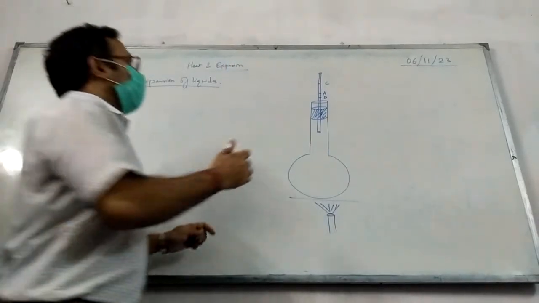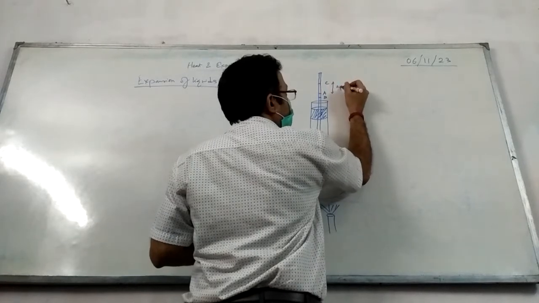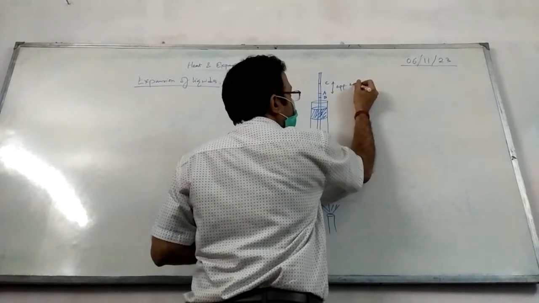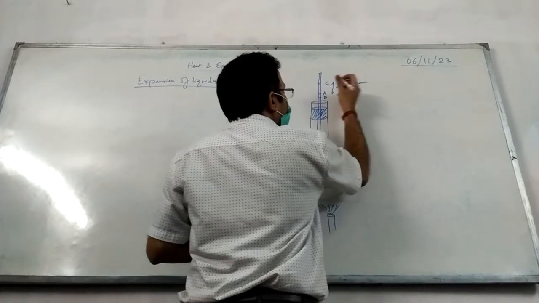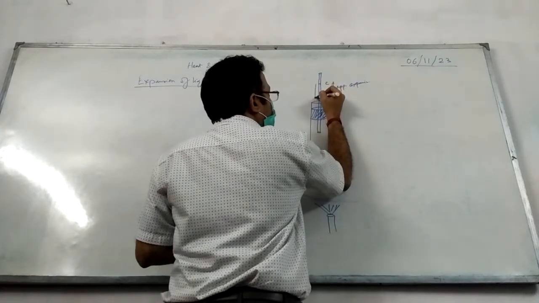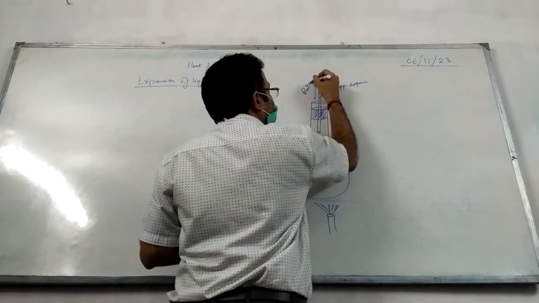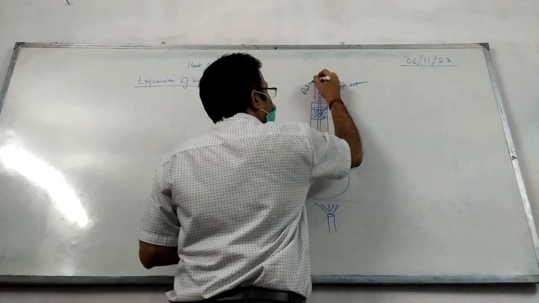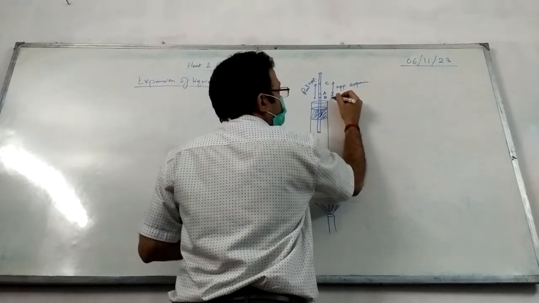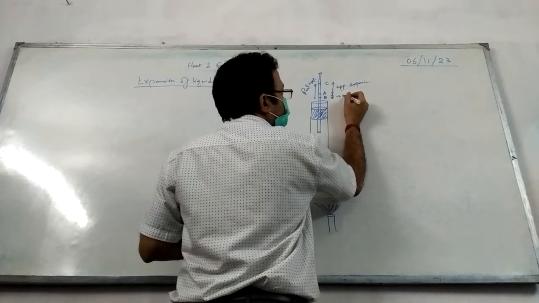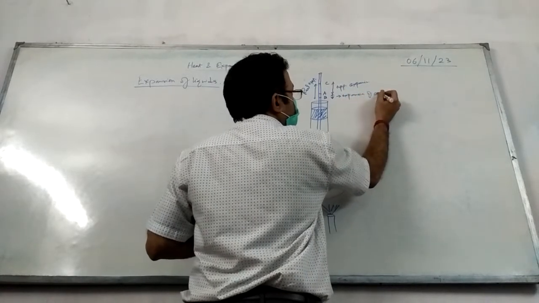Okay? So this A to C part is called apparent expansion. This B to C is called real expansion. And this A to B is called expansion of solid, expansion of container.